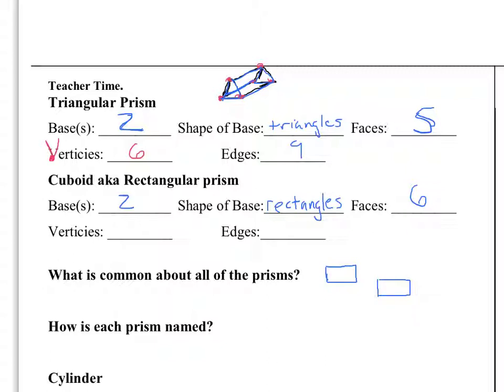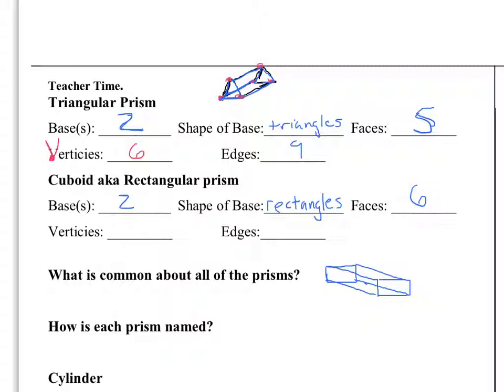Once I've got my 2 rectangles, just like I did with the triangular prism, I'm going to connect the corners. So top right to top right, top left to top left, bottom left to bottom left, and back right to back right. And now we have a rectangular prism.